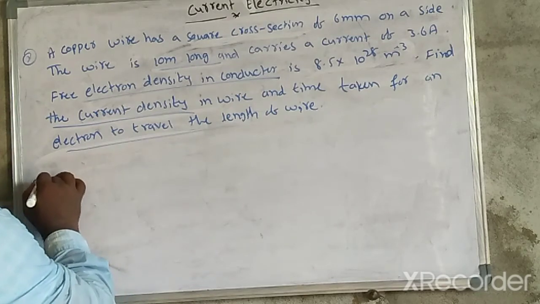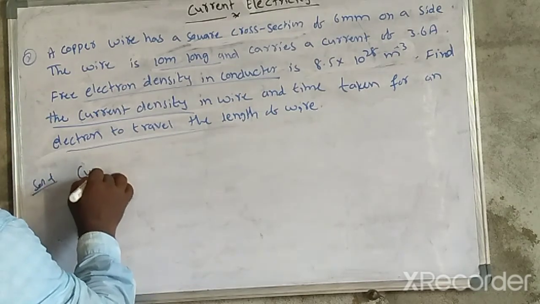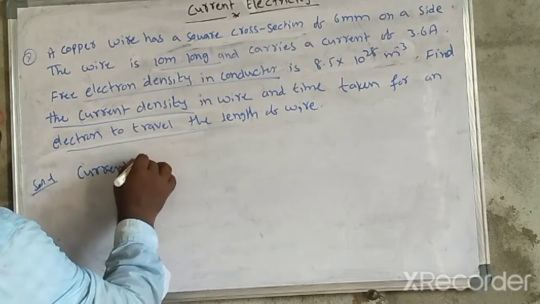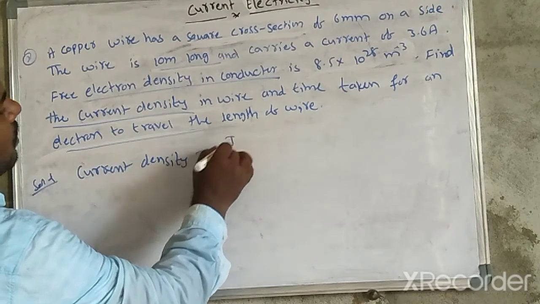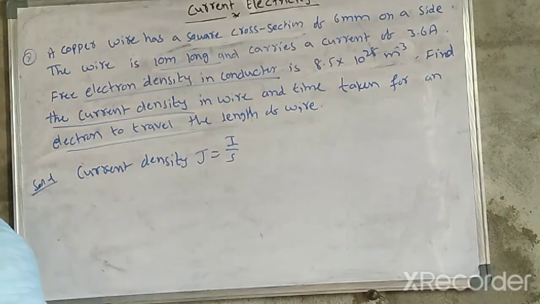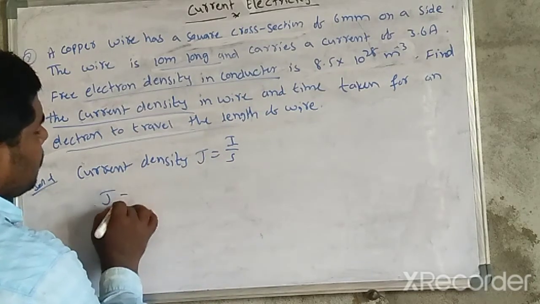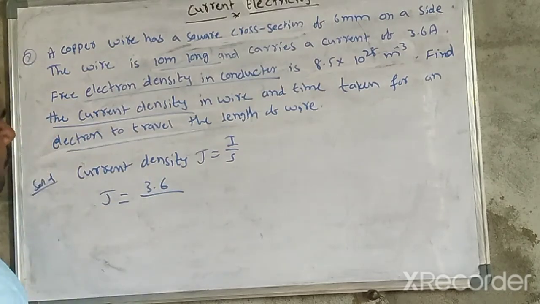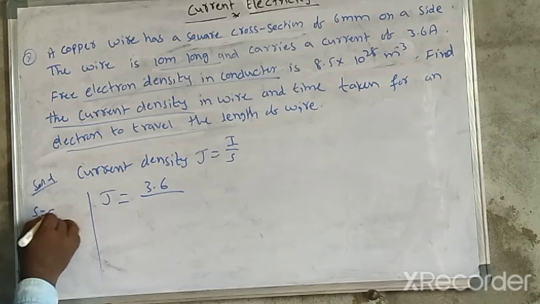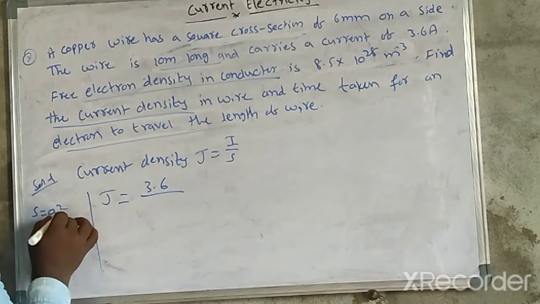So solution, current density J is equal to current divided by area. J is equal to current, nothing but 3.6. The area value we don't know, so you may find the area. Area is equal to a square, length into breadth, is equal to a square.